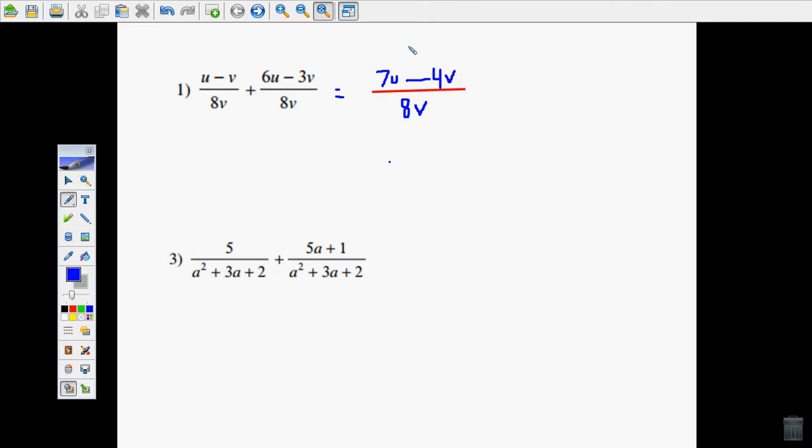Okay, and that's as far as we can go. You can't cancel anything because it's a difference in the numerator, and there's no term that all three, 7u, 4v, and 8v, have in common, so that's as far as we can go.